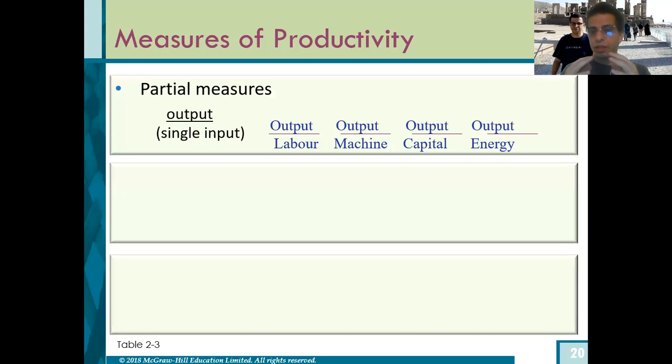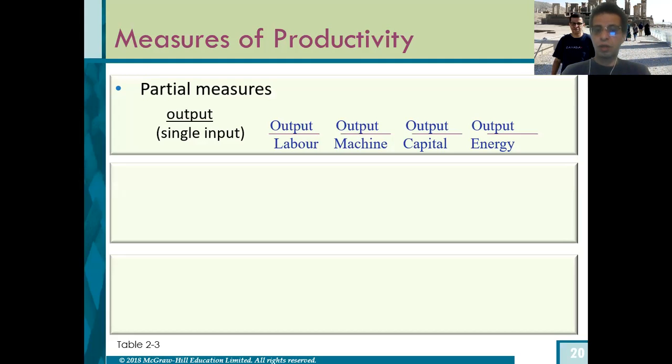Now, there is a difference in the measures of productivity, but it all comes with the output first, and that's another way of managerial accounting. Output divided by labor, because you're looking at labor productivity, or output divided by the number of machines, or output by capital, how much money you're putting in, or the energies.